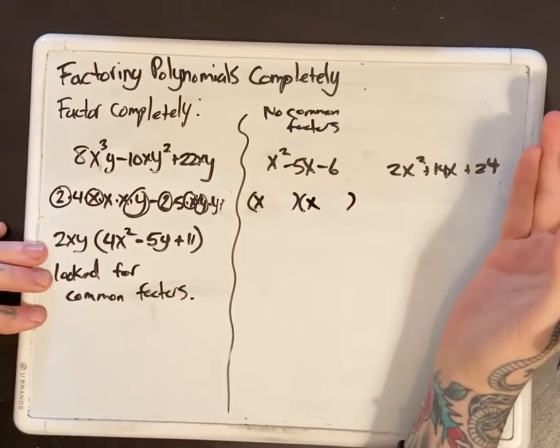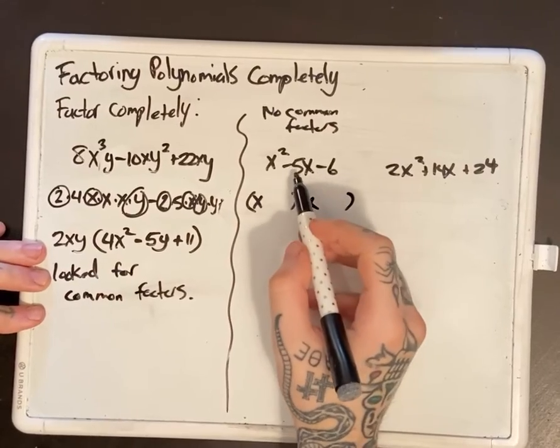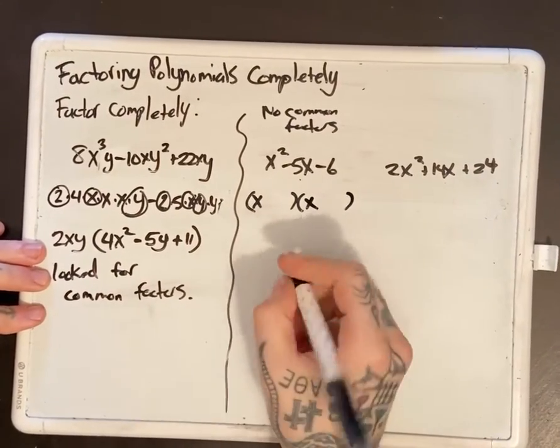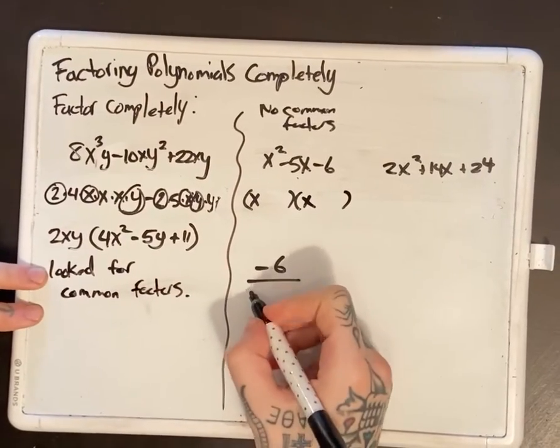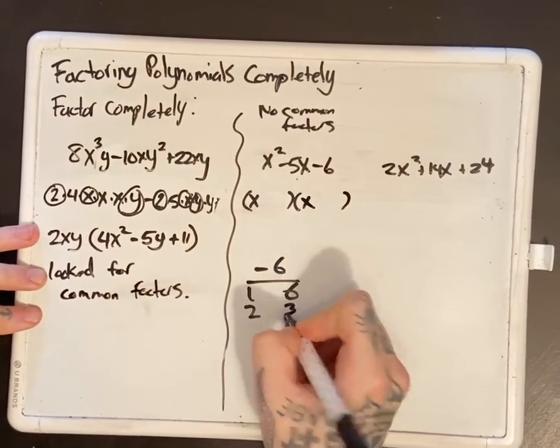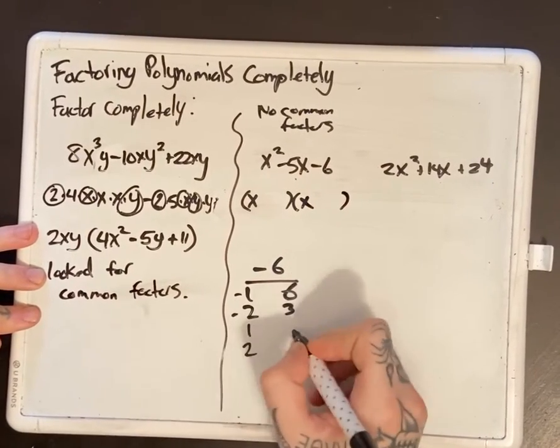Now I'm just going to use our pattern. So I know the next 2 numbers have to multiply to -6, but add to -5. So I'm just going to factor this real quick. So just 1 and 6 and 2 and 3, right? But one of these has to be negative, so that means there also have to be their opposites.